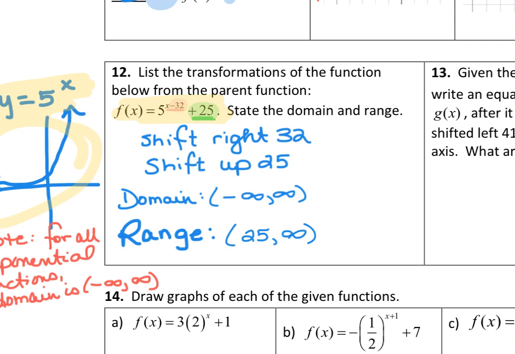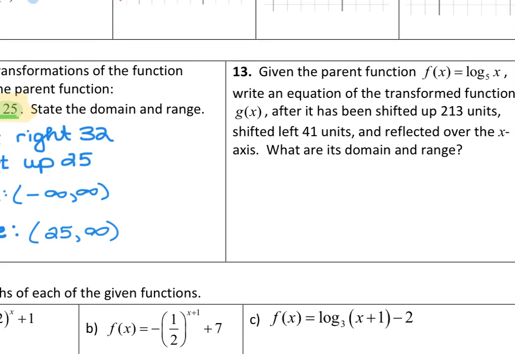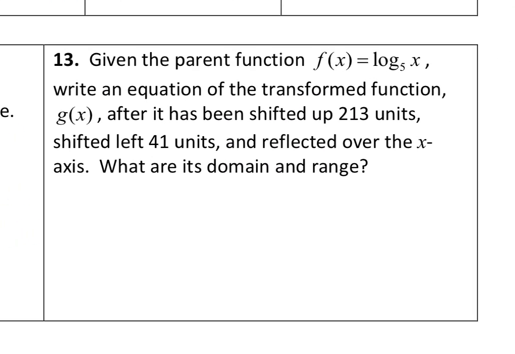Now in number 13, it's asking the question in reverse, basically. So they're giving you the transformations and want you to write the equation. So you need to make a few observations. First of all, your parent function is log base 5 of x. That's not going to be the answer to the question here, because the question is really asking you to write the transformed function.